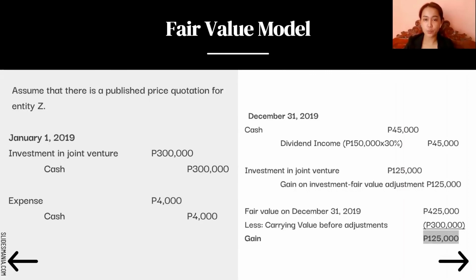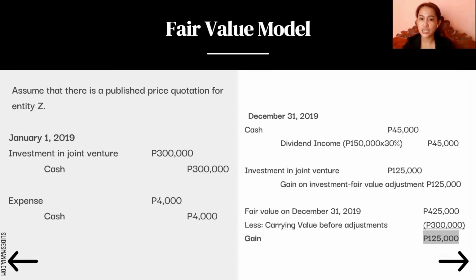On December 31, 2019, debit cash amounted to 45,000. Credit dividend income amounted to 45,000. Debit investment in joint venture amounted to 125,000. Credit gain on investment fair value adjustment amounted to 125,000.